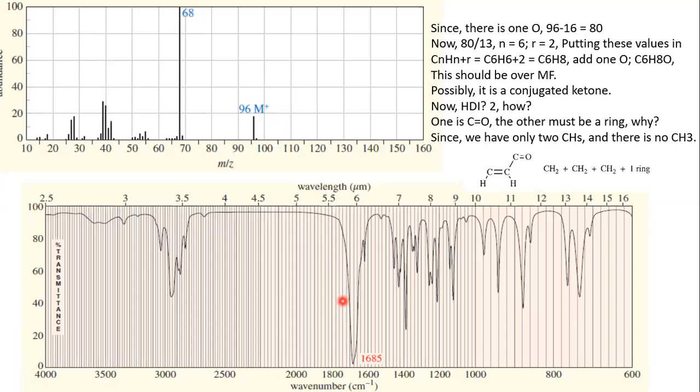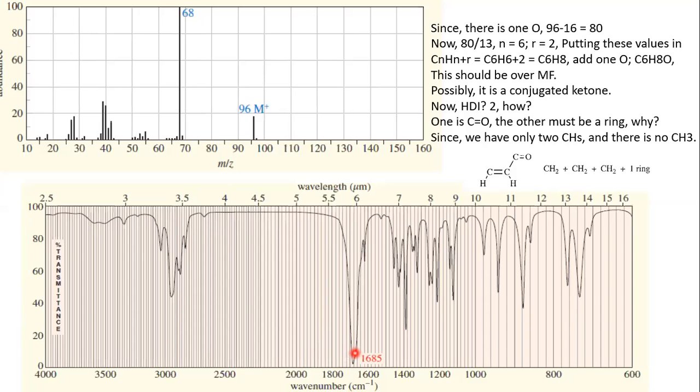This carbonyl cannot be an ester. Why? Because ester carbonyls are generally very far on the left, at about 1740 or around that. So it is not that. So it means it is not an ester as well. What about an aldehyde?